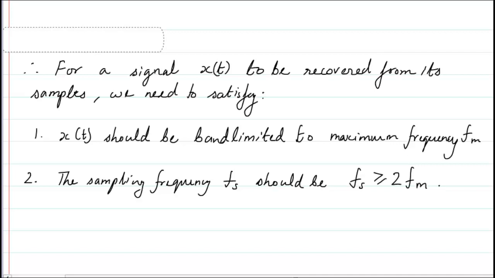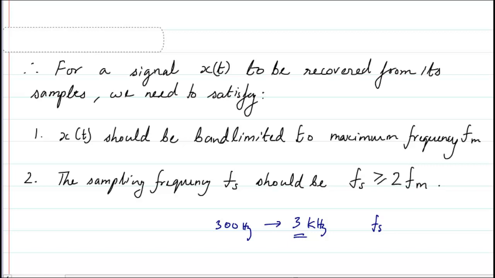For example, the human voice basically ranges from 300 Hertz to 3 kilohertz. Beyond that it does not go, maybe 3.1. If I take the maximum frequency as 3 kilohertz, I can sample with a sampling frequency twice that, which is 6 kilohertz, isn't it?